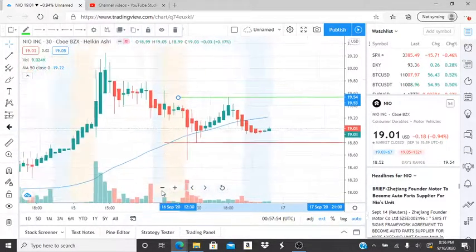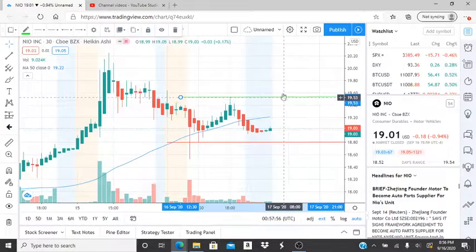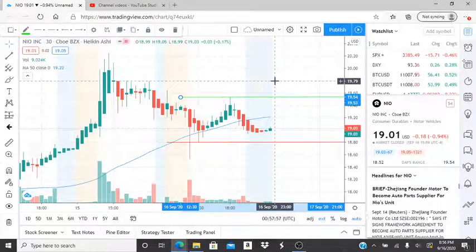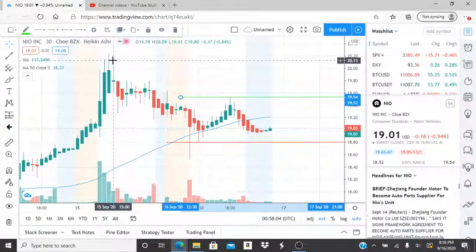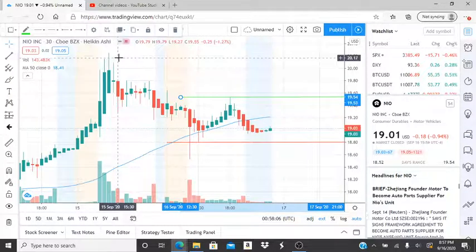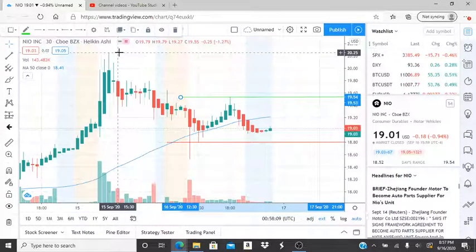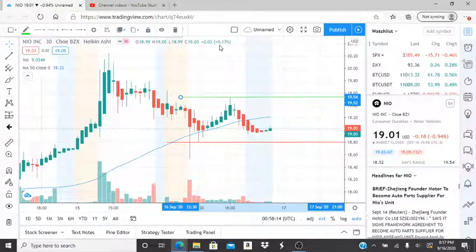Now, if 19.54 is turned into a support, the next resistance level will be up here at 19.79. And the most important short term, as we're looking right now at the highest point in these last couple of days, specifically yesterday's highest point, was 20.25. So 20.25 needs to be broken through so this can really work its way up to newer highs.